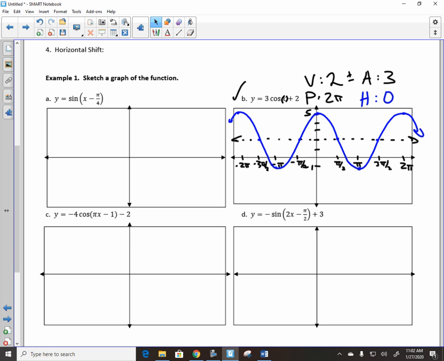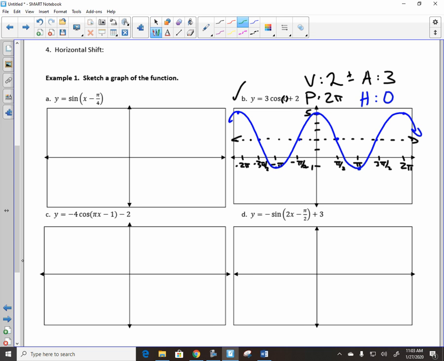The difference is that the graph on Friday sat like that. It was from +3 to -3, and now we've moved the entire graph up 2 units, so it's sitting at +5 and -1. Any questions there?